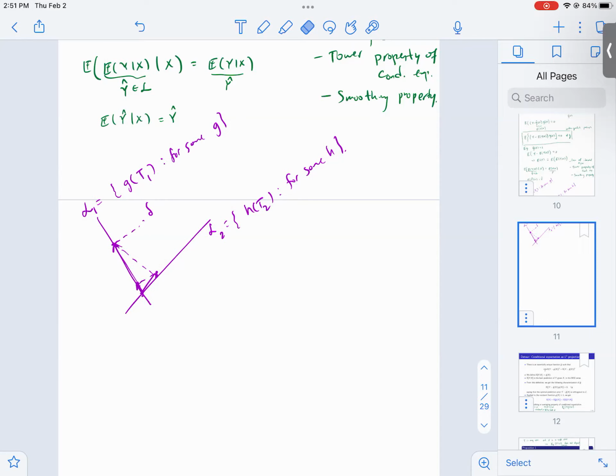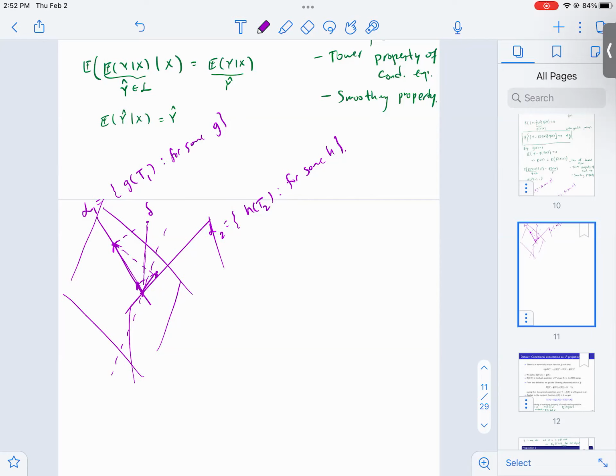Imagine 3-dimensional space. This is going to be a line here. These are subspaces, and so in the end you get here, which is the projection of this onto this line. So you end up finding a projection, the best approximation.